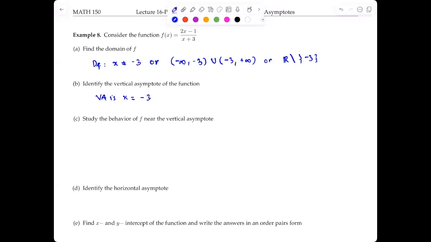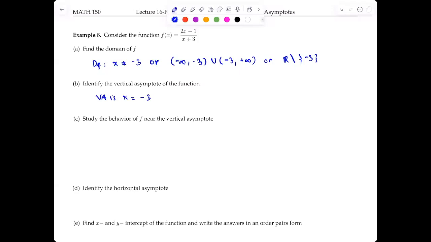All right. So now with x approaching -3 from the left, what happens to the denominator? Is it negative or positive, on the left of -3? Negative. Do you see that?